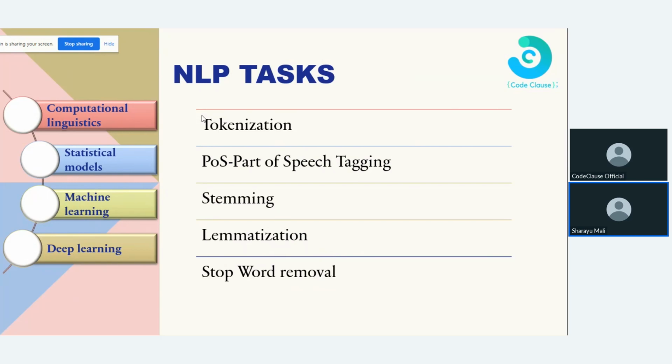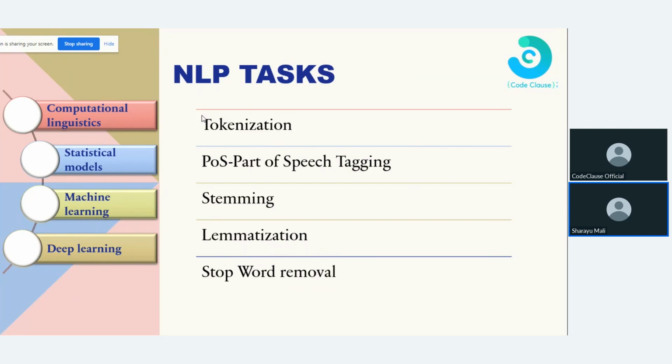For example, "this is an apple" can be broken down into four words. After breaking down these words, we use part of speech tagging, like apple is a noun, is is a verb.